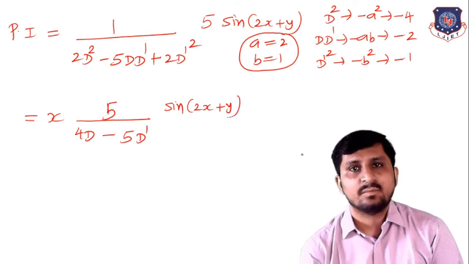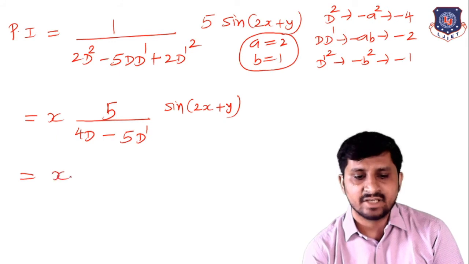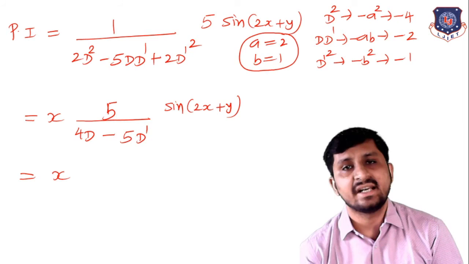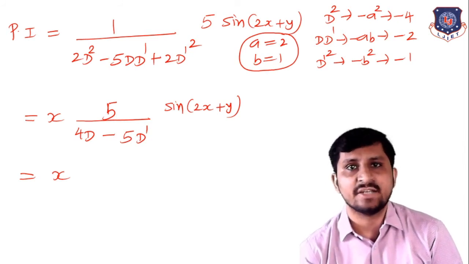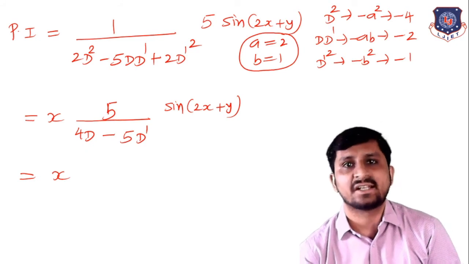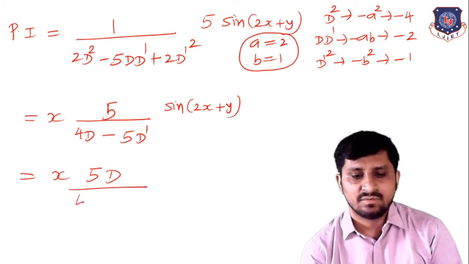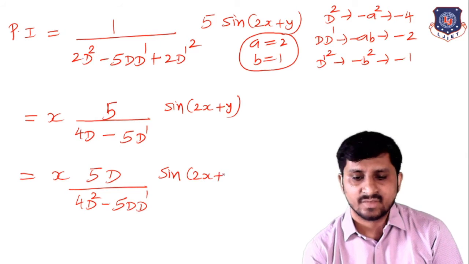Now multiply with D and divide by D, because we can only take the values of D square, D D dash and D dash square. Instead of D and D dash alone, you cannot take any value. This is not the case, don't forget. So we multiply with D and divide by D. Now we have 4D square minus 5 D D dash, sin(2x plus y).